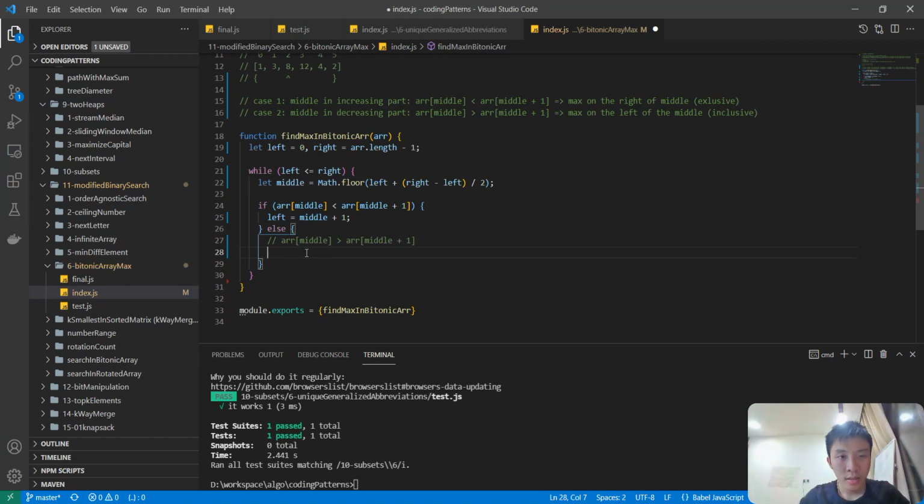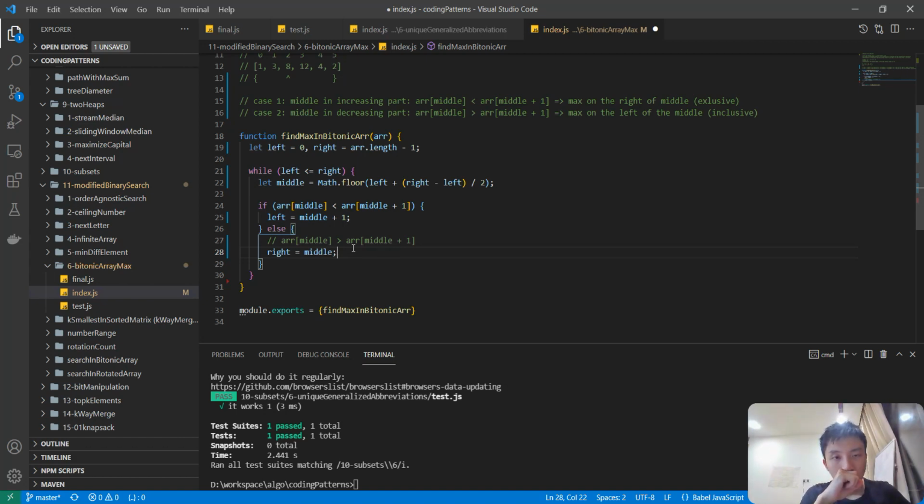Because we want to take the left inclusively, I will reassign the right to middle, right? We want to take the middle because the middle can be the maximum.